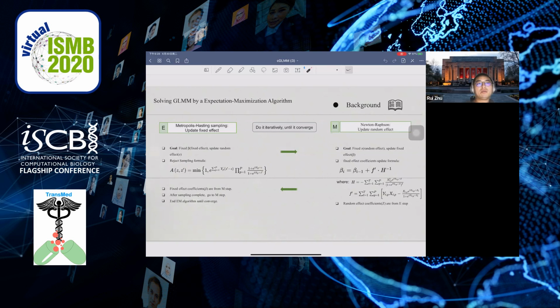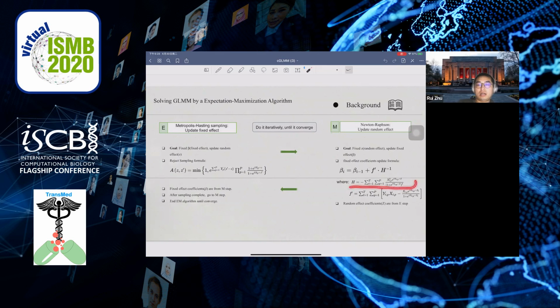After updating the new random effect coefficient, then jump to the M step, which fixes the random effect Z to update the fixed effect coefficient beta by using Newton-Raphson algorithm.